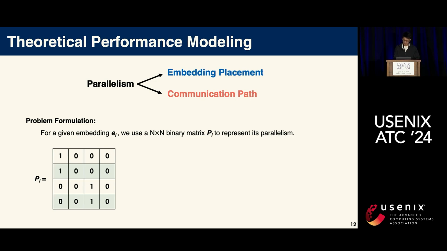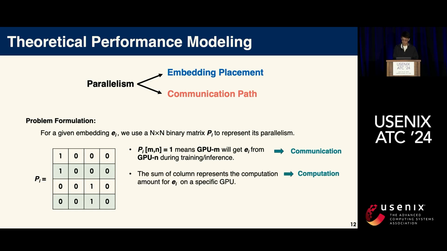If Pi mn equals 1, it means GPU m will get the embedding Ei from GPU n during training or inference, describing the communication behavior of embedding Ei. And the sum of the column represents the computation amount for Ei on a specific GPU; it describes the computation.